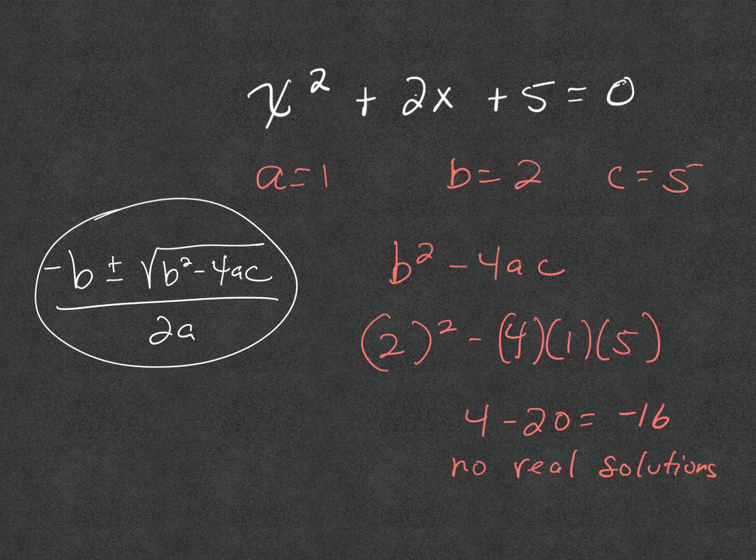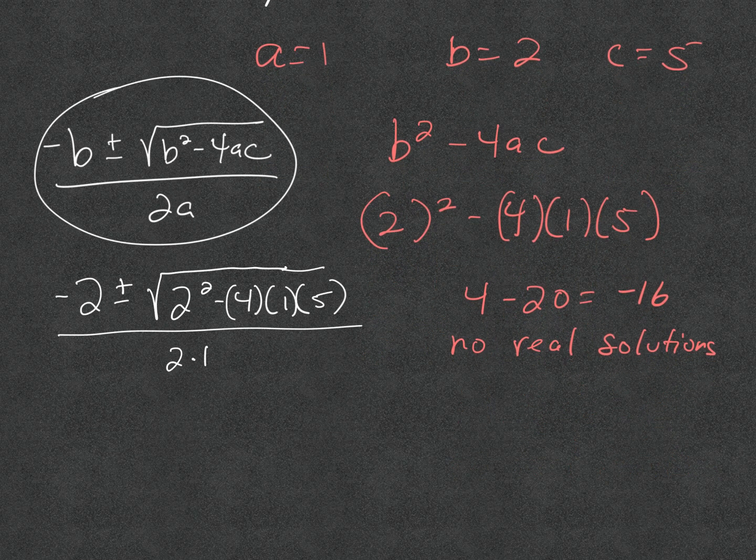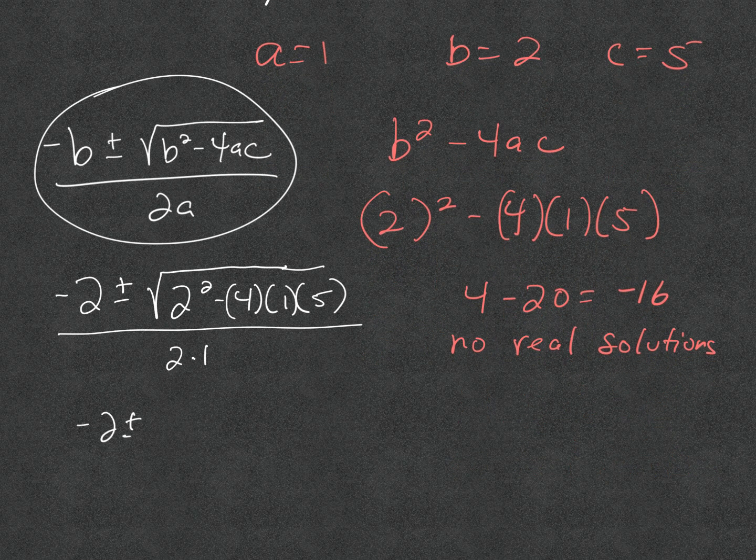When we do that, we're going to get negative 2 plus or minus the square root of 2 squared minus 4 times 1 times the c, which we already did that part, 5, okay, divided by 2 times 1. So we're going to get negative 2 plus or minus square root negative 16 divided by 2.